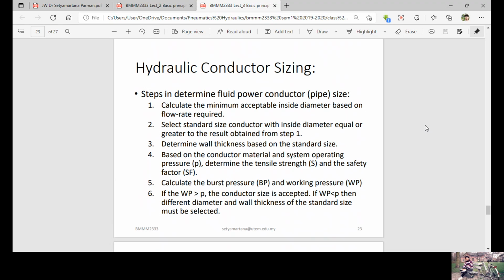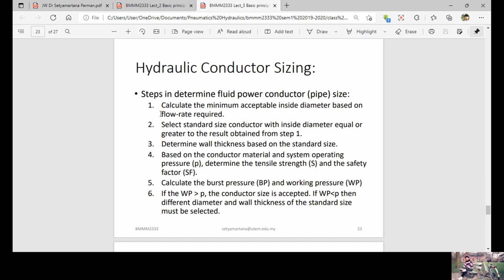Okay, then about hydraulic conductor sizing. The steps to determine fluid power conductor size or pipe size. The first, calculate the minimum acceptable inside diameter based on the flow rate required. Second, select a standard conductor with inside diameter equal to or greater than the result obtained from step 1.